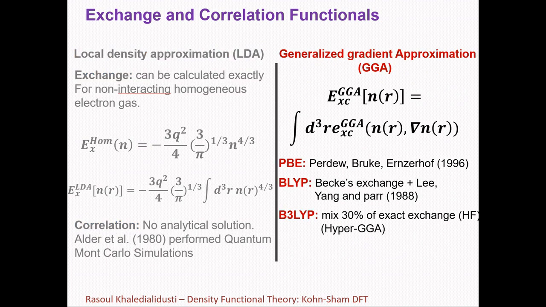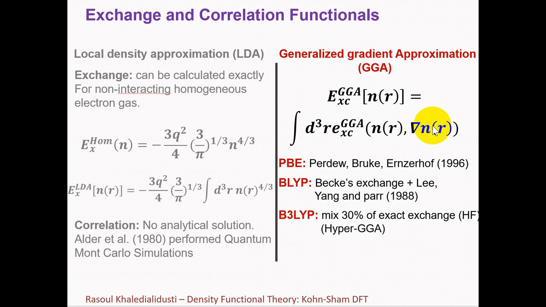So GGA is a generalized gradient approximation, and here the exchange and correlation functional depends on the local density. It's an integral over the space of some function, just like LDA, plus a function of the gradient of the density. So the GGA exchange correlation functional considers both the electron density and the gradient of the electron density.